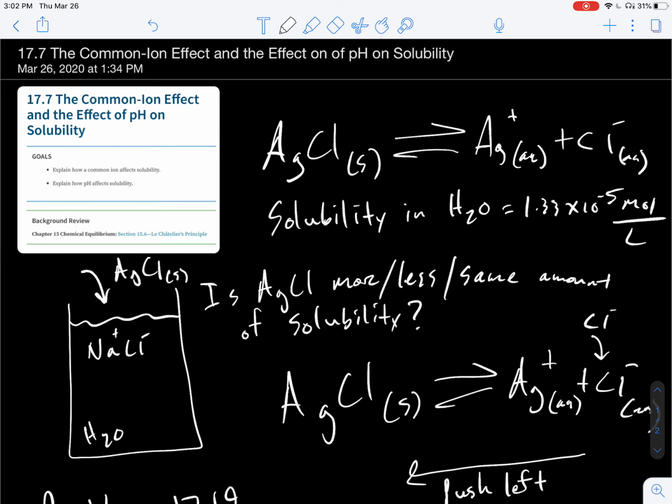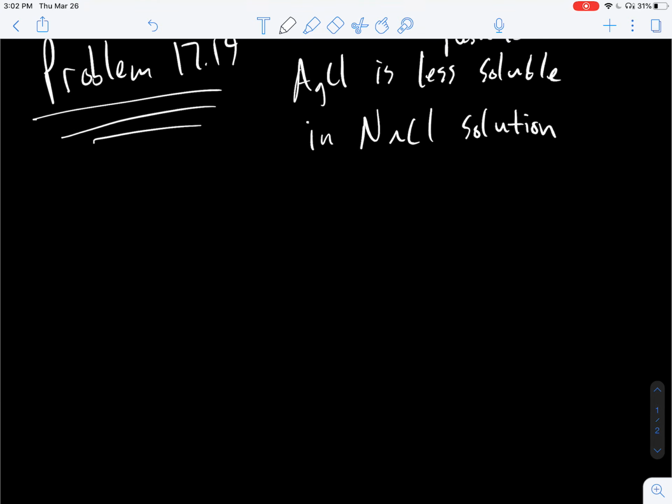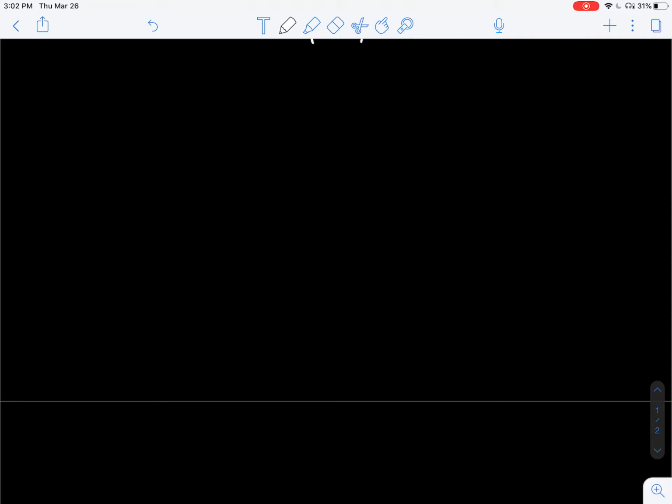Now let's look at the second piece. Explain how pH affects solubility. Still thinking of Le Chatelier's principle here. So let's go down here. I'll just jot this down. How does pH affect solubility?